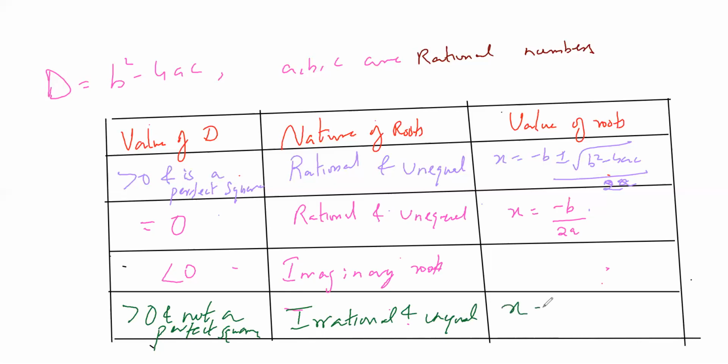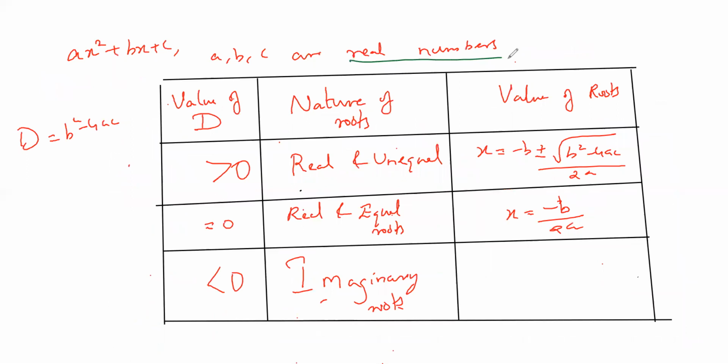So here also it is same only x is equal to minus b plus or minus root of b square minus 4ac by 2a. A, B and C in the previous table was real numbers.